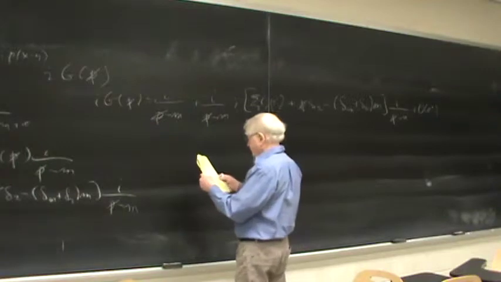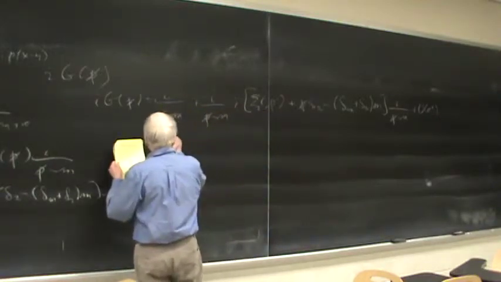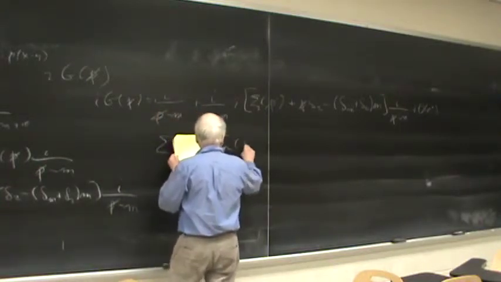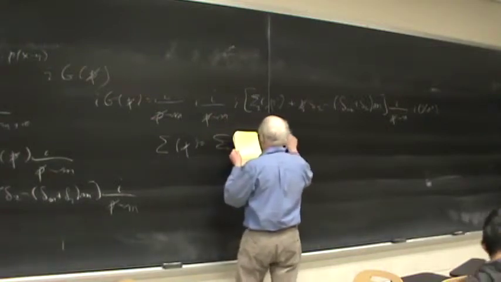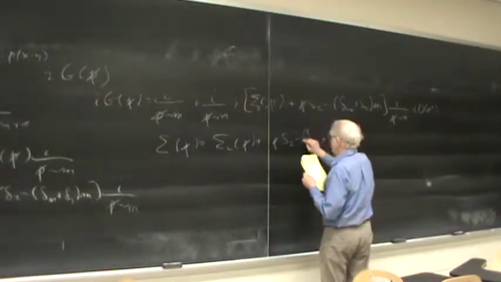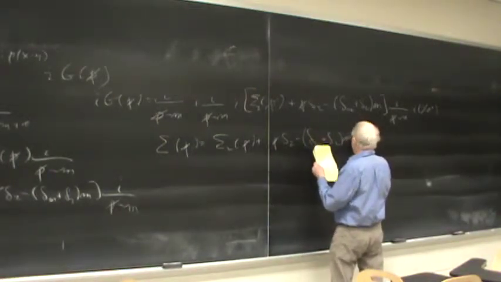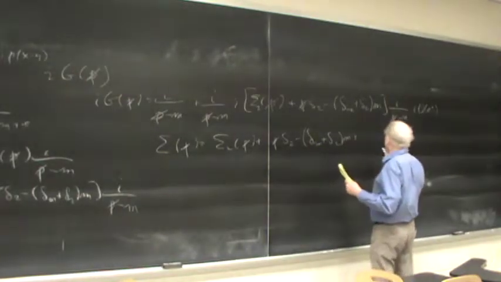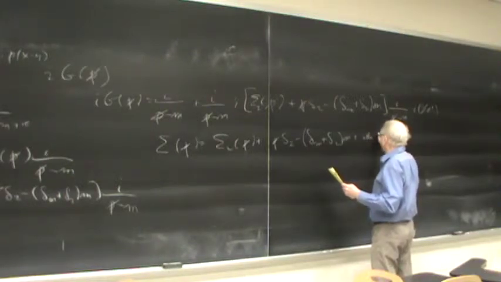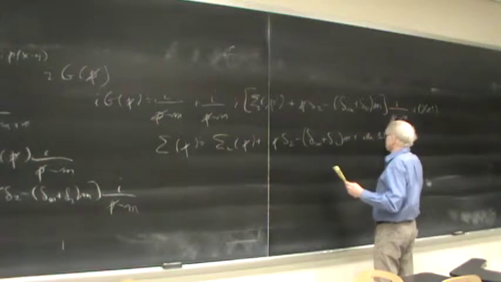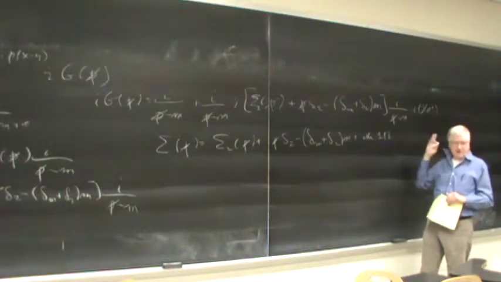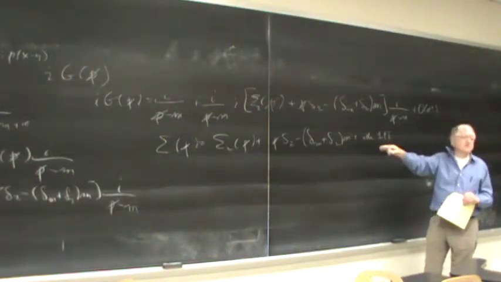And so we'll write sigma of p-slash as sigma 2 of p-slash plus p-slash delta 2 minus delta m plus delta 2 m plus other one particle irreducible diagrams. Okay, so these are all order e to the fourth and higher. So that's what we call sigma of p-slash.